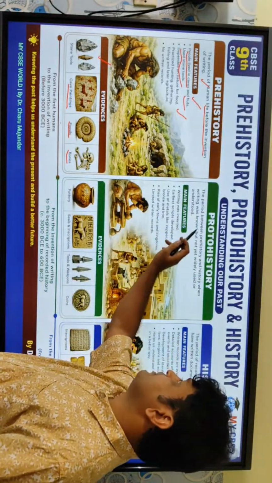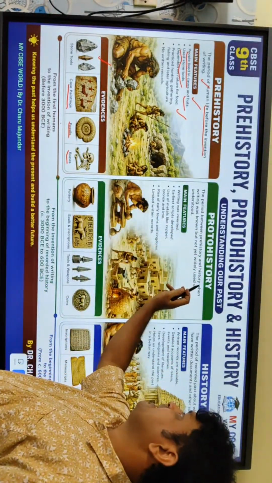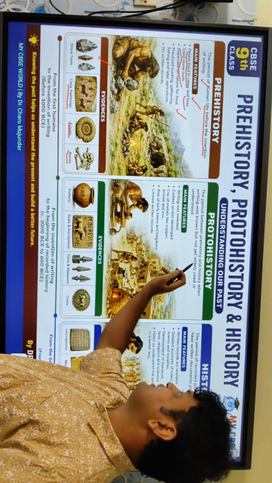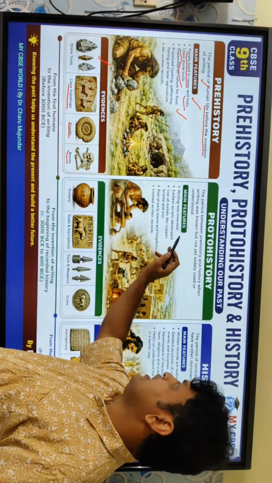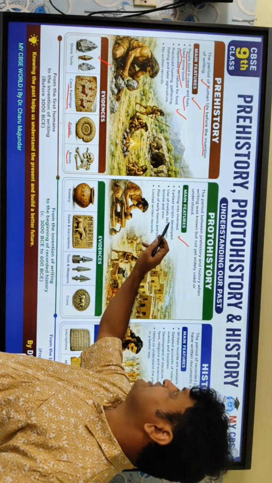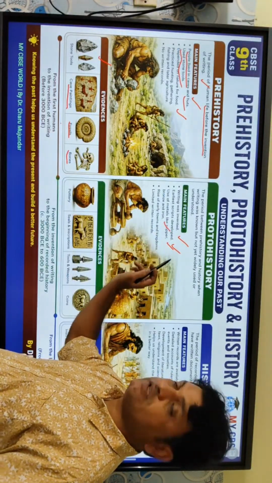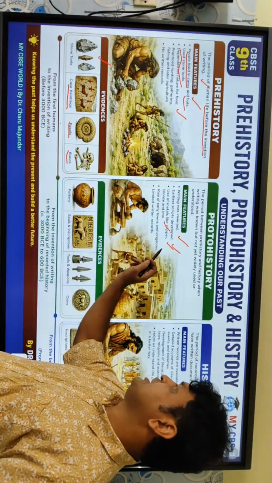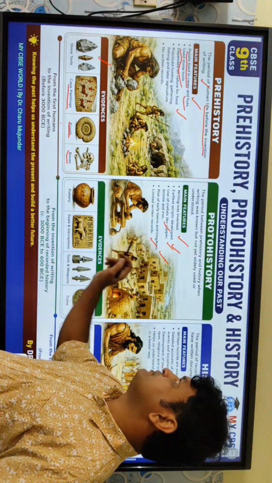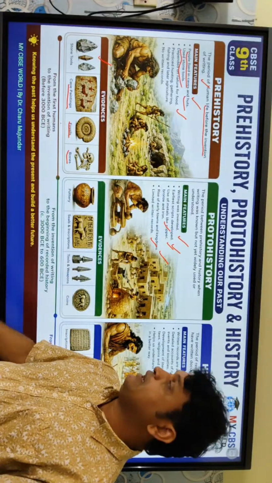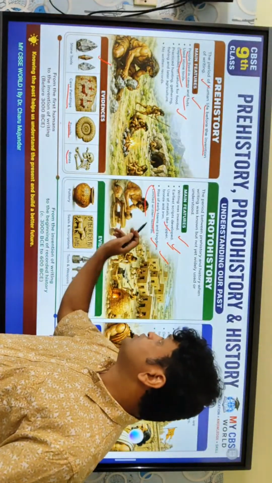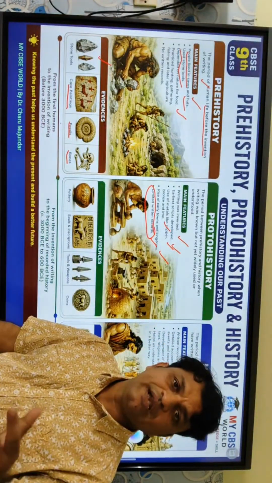Then protohistory: the period between prehistory and history when writing was known but not yet widely understood. Main features: writing was invented, the earliest script developed, metals like copper, bronze and iron came into use, and early towns and kingdoms arose. There are limited written records, but we cannot decipher them. Though records are available, you cannot read them.